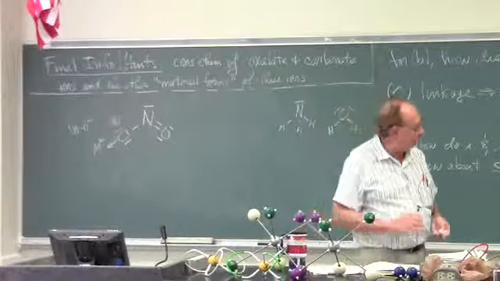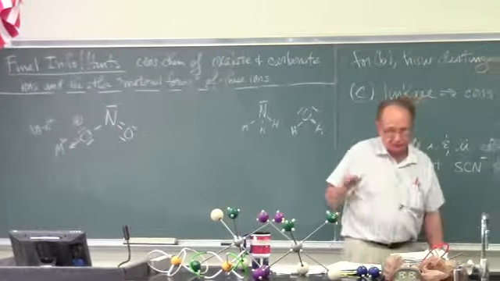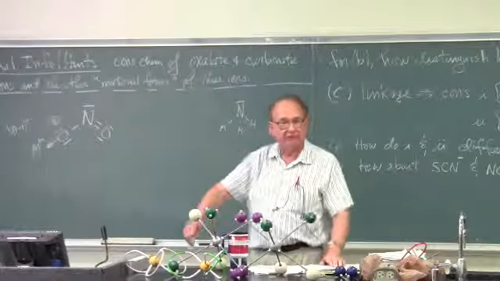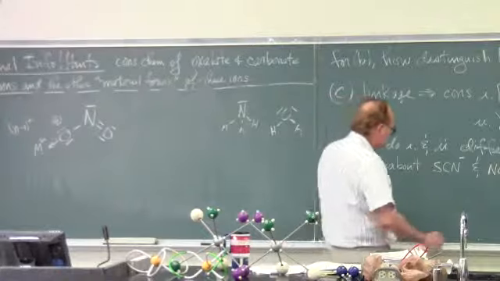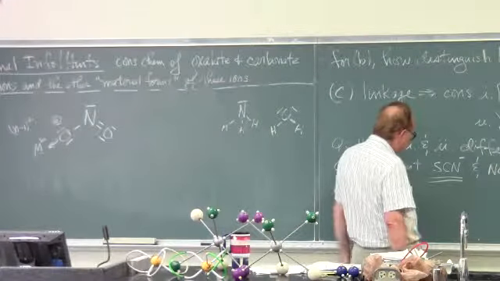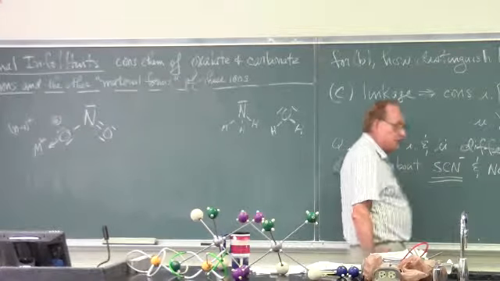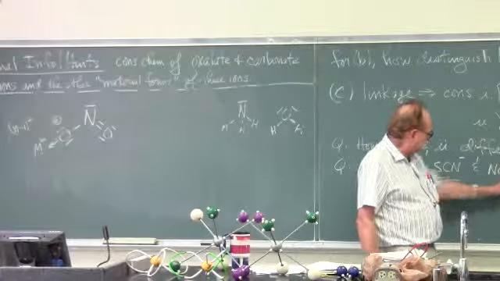Now I've posed here a question for you. In considering ligands, which you did with the discussion folks on Friday, a common ligand is the thiocyanate ion, SCN-, or the isothiocyanate ion, NCS-.